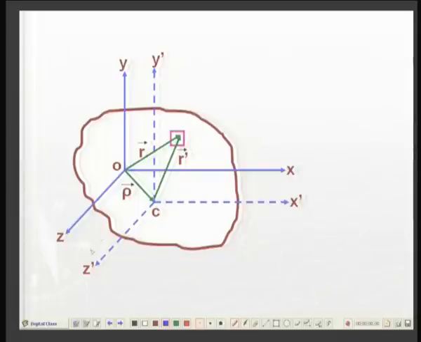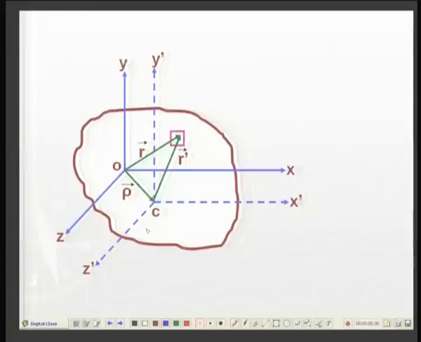So, this coordinate system with origin at the center of mass is x dash, y dash, z dash, and there is an arbitrary coordinate system with origin at O and coordinate axes x, y and z.